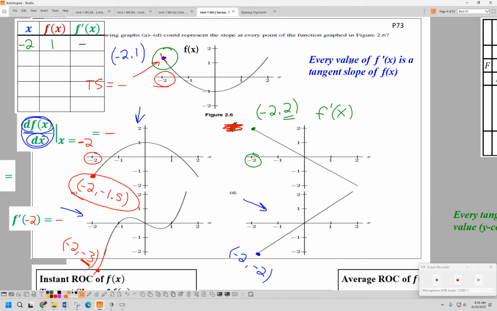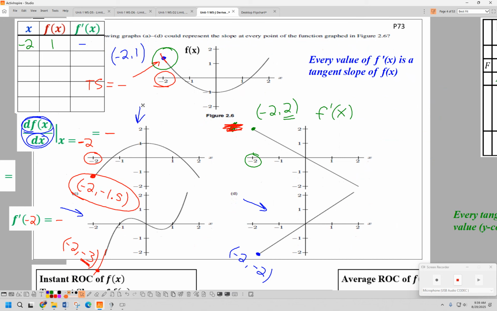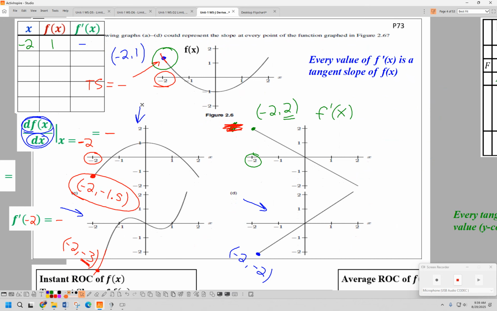So every single y value on this graph is supposed to accurately show the slope of that graph. So let's see how many people can answer this. Can you find a point on this graph that doesn't match this graph? Just one point. That's all you got to do to eliminate it as a possibility.